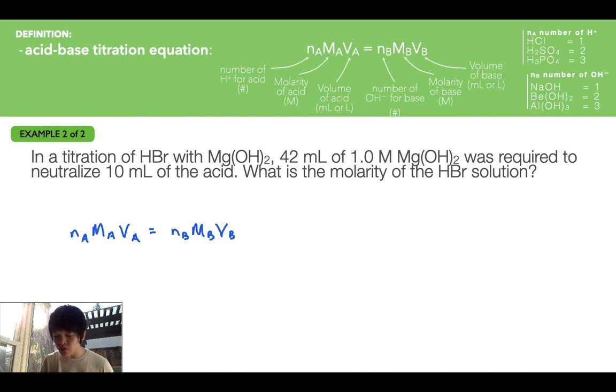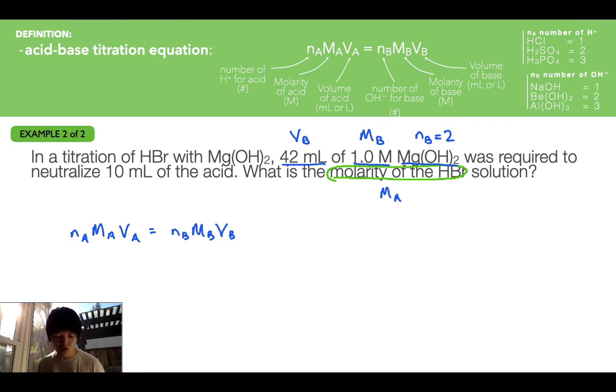In this problem, we're trying to solve for the molarity of hydrobromic acid. In other words, the concentration of our acid. We're going to try to identify everything else other than the molarity of our acid. Okay, so in the very beginning again, in the titration of hydrobromic acid with magnesium hydroxide, 42 milliliters of 1 molar magnesium hydroxide, which is a base. So we have the volume of our base, we have the molarity of our base, we also have magnesium hydroxide, which has 2 hydroxide ions per molecule, so Nb is equal to 2.